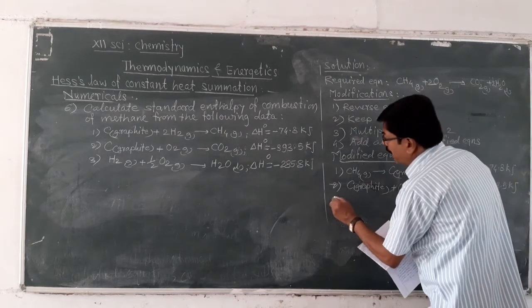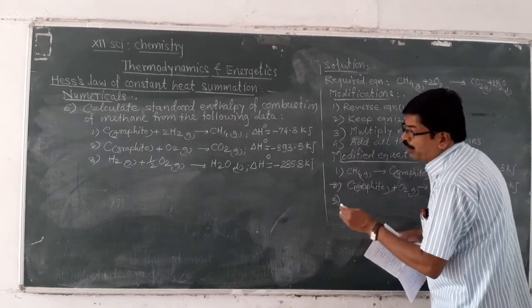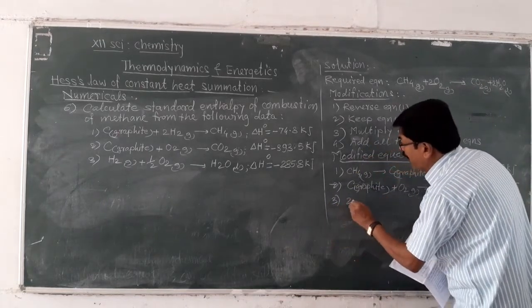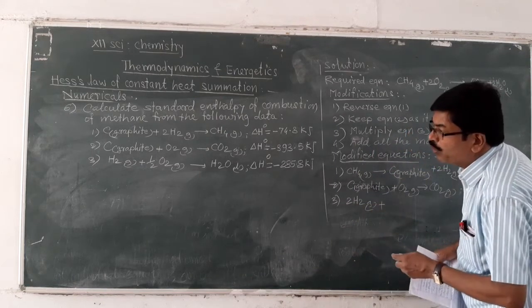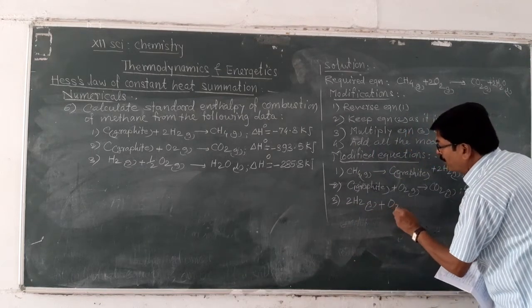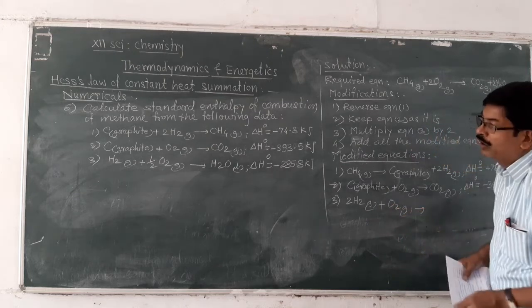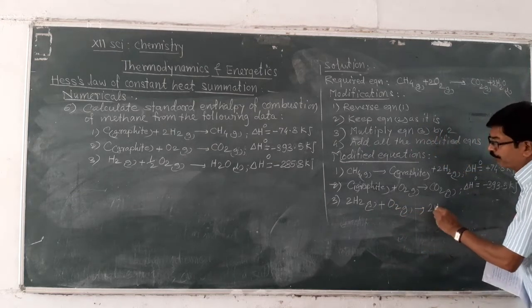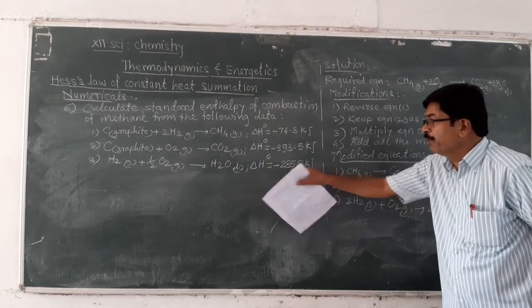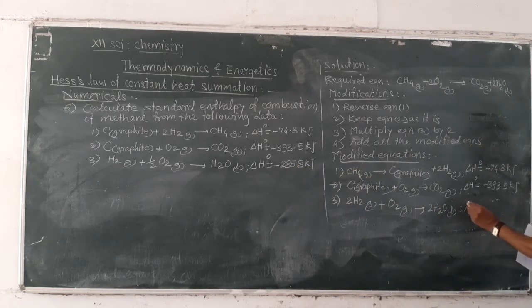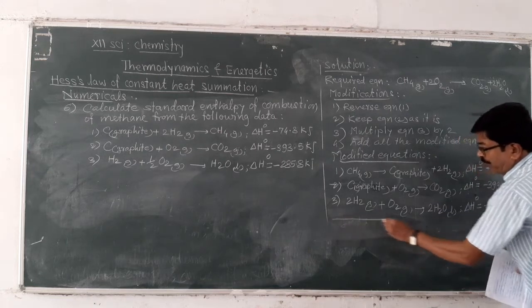And the third equation is to be multiplied by 2. That means it becomes 2H2 gas plus O2 gas to give 2H2O liquid. Its enthalpy is also multiplied by 2. It becomes minus 571.6 kilojoule. All modifications are made.